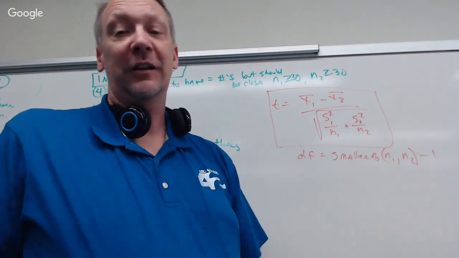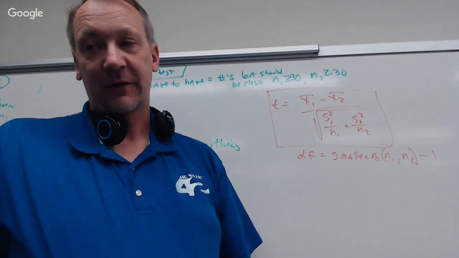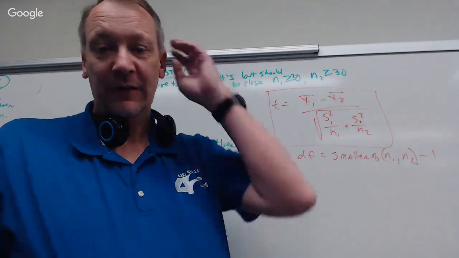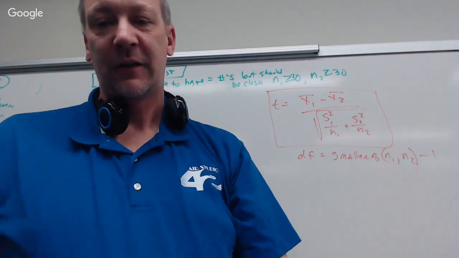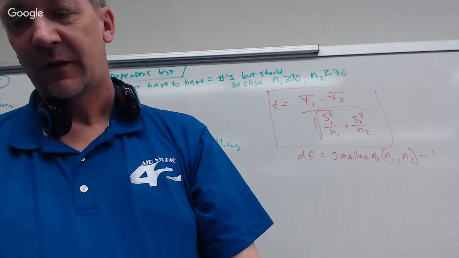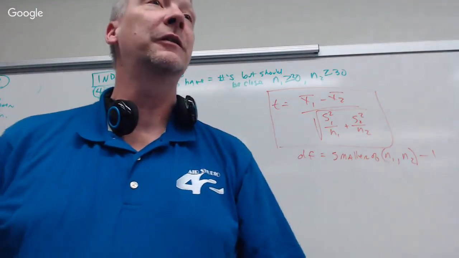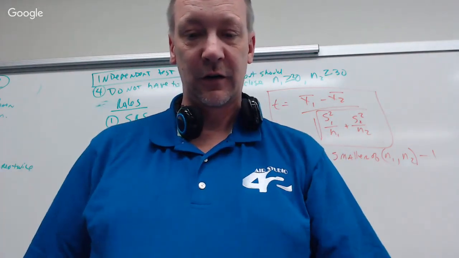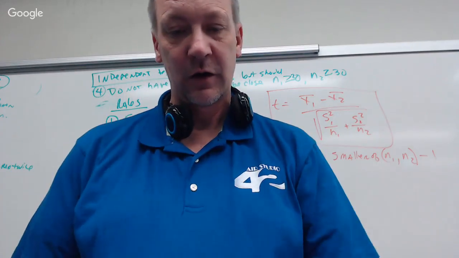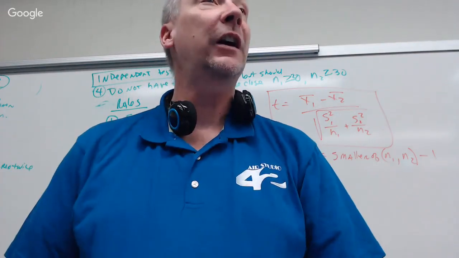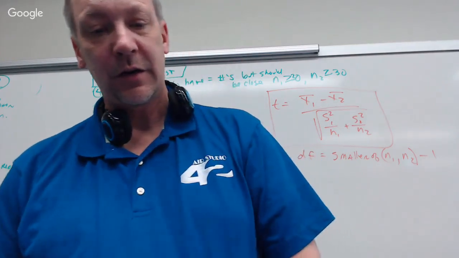Okay, well, you're going to have to take really good notes because I don't know what's going on here. Okay, the square root of 1.01 raised to the second power divided by 14.